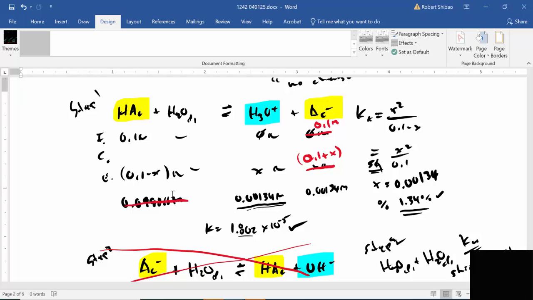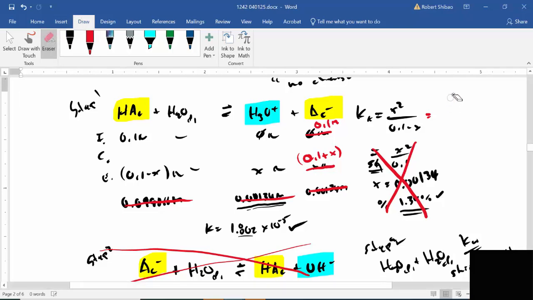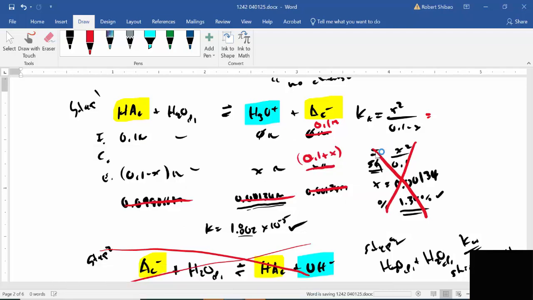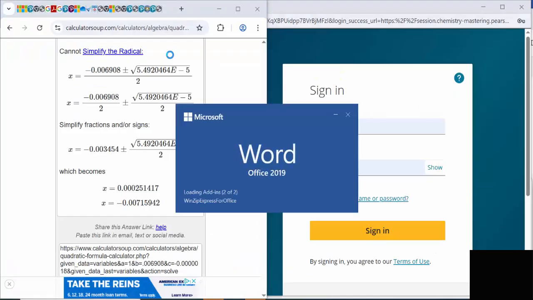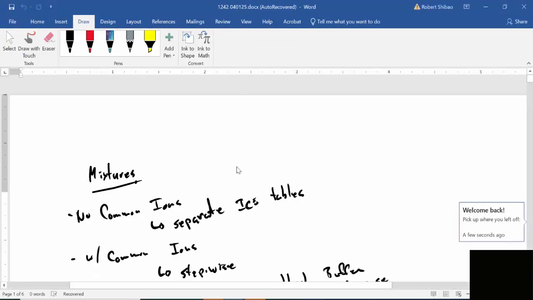And so let's redo this. This is a common ion problem, but I forgot to put the common ion in there. And so what it's going to come out to is, this is not correct. This is going to come out to x squared. Oh, not x squared. Actually, let me fix that. This is going to come out to x, which is, let's see if I still have it.